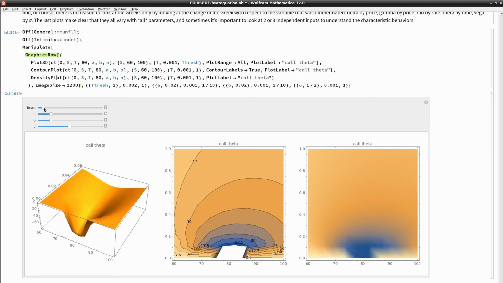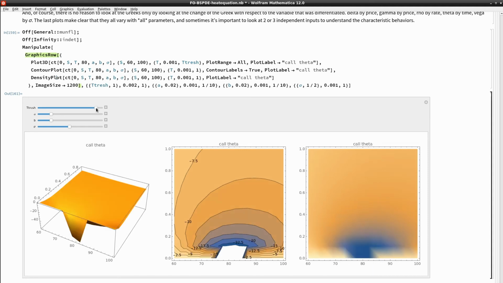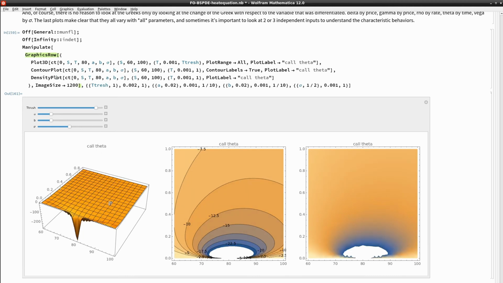So let me change the threshold a bit to show you that we have a valley coming into the expiration, and with larger time to expiration we have more of a flat surface, but nearing expiration it absolutely craters.